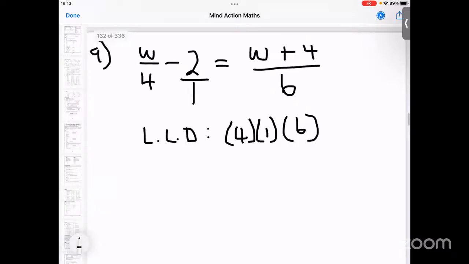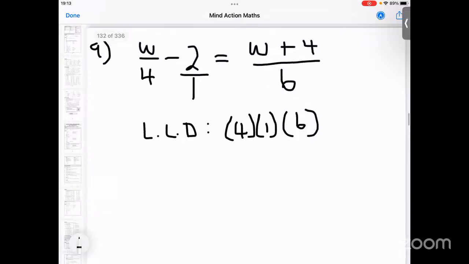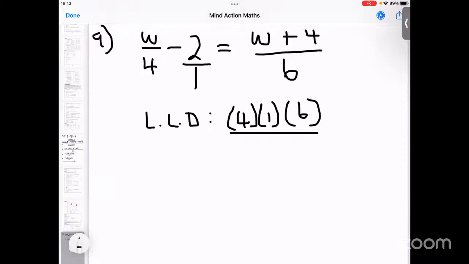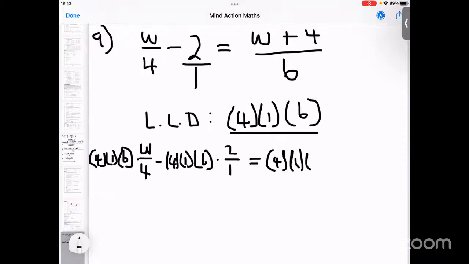It must multiply that fraction of 2 over 1. This is equals to that same thing being 4, 1, and 6. It must multiply that W plus 4 over 6. Trust me, honorable members, if you do this, then you are almost done.